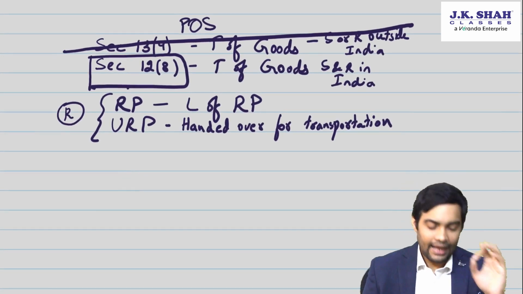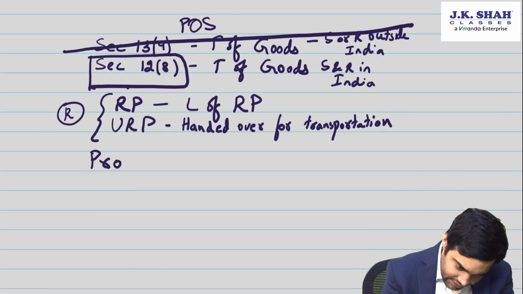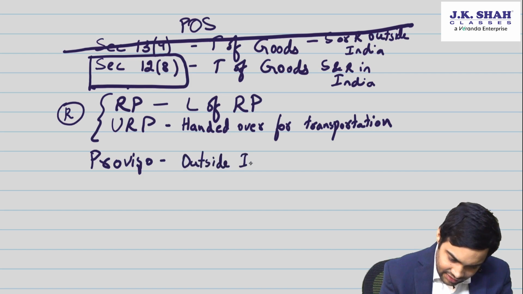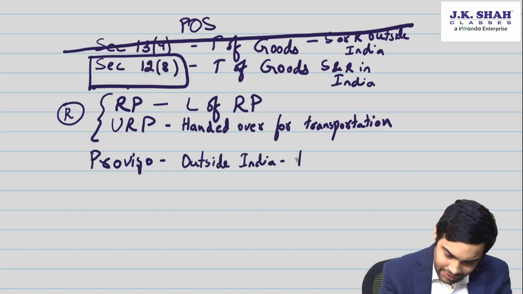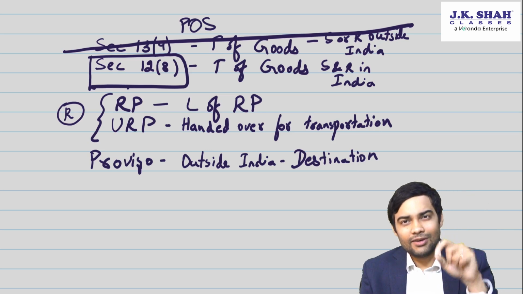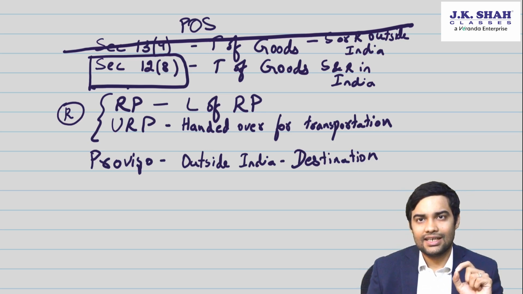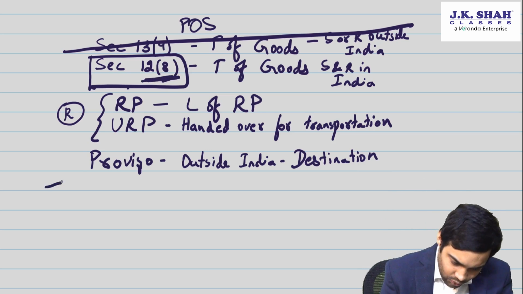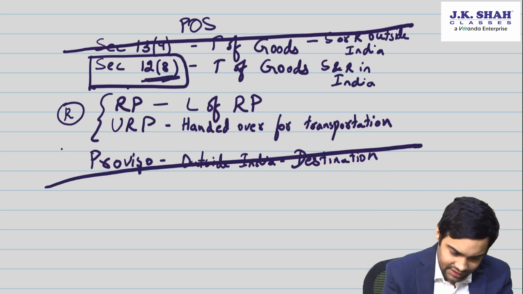Now, there used to be a proviso in 12.8 which used to say if the goods are going outside India, then the place of supply will be destination. I have inadvertently mentioned in the amendment video that 12.8 is completely deleted. 12.8 is not completely deleted, only the proviso is deleted.